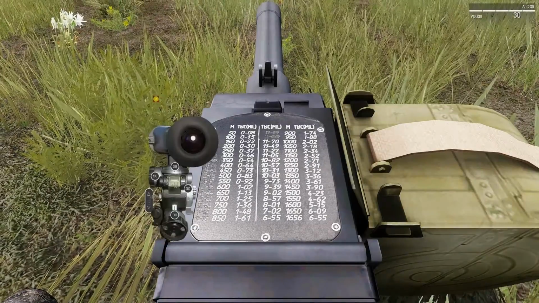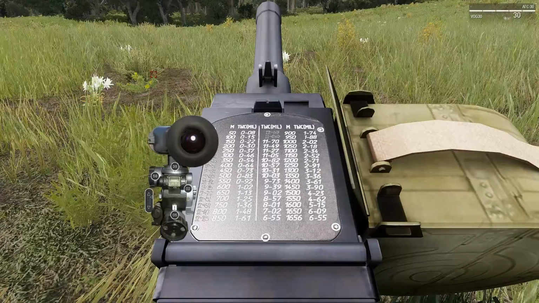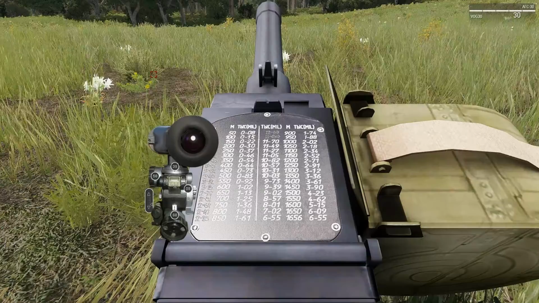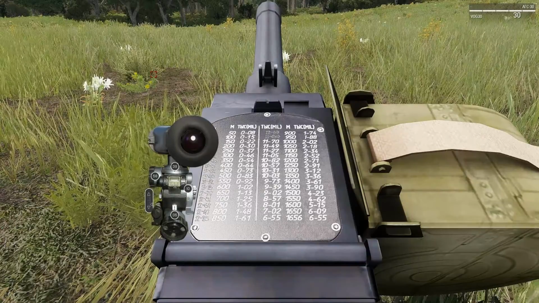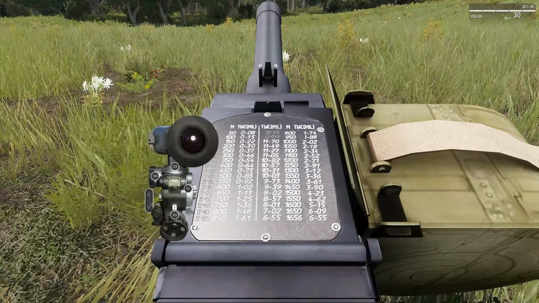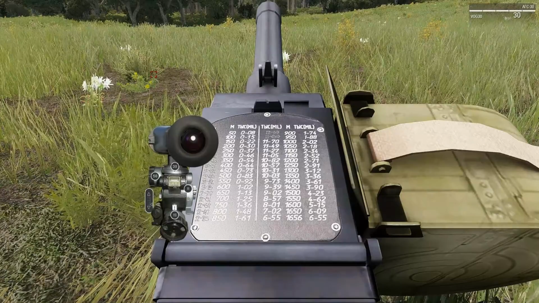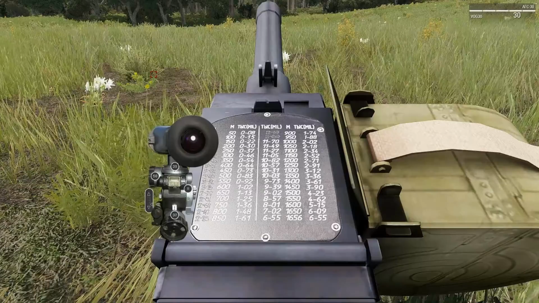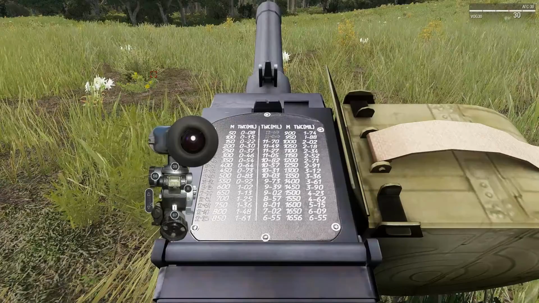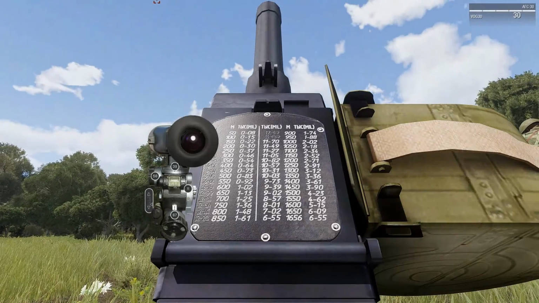You bring up your sight and set 1167. It's 1167, and just elevate until the horizontal bubble is in the middle.